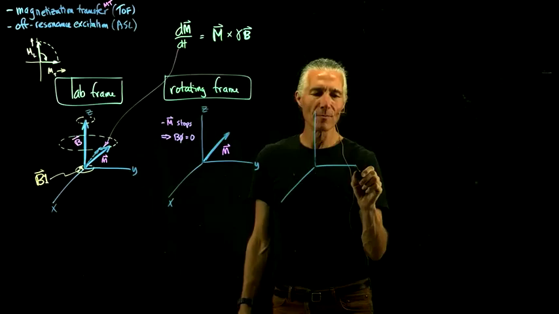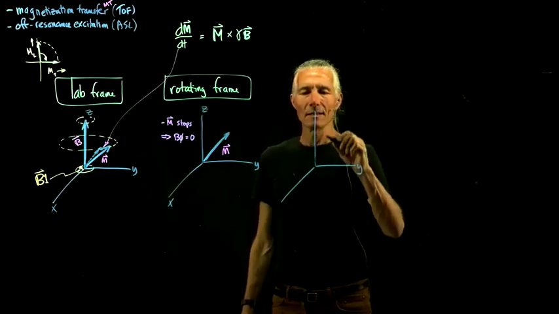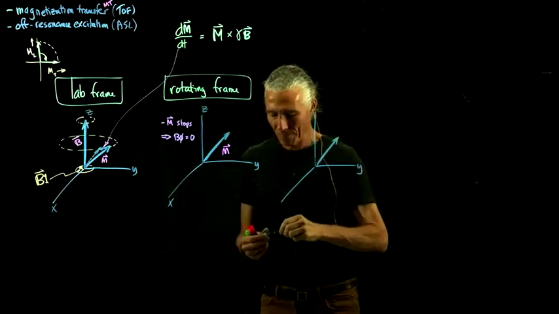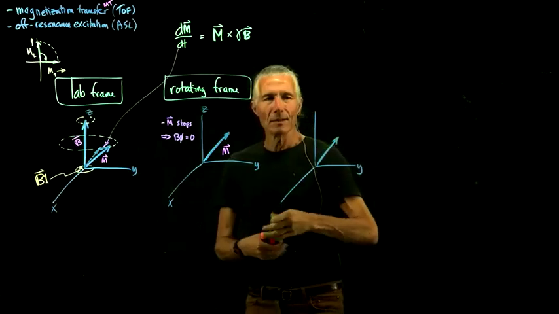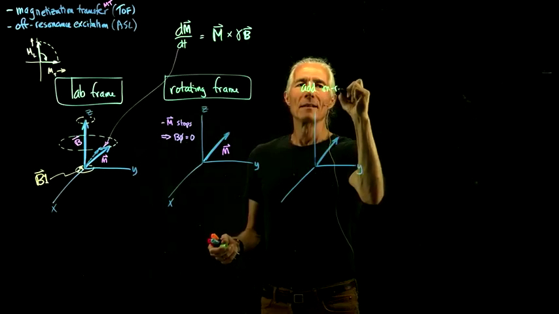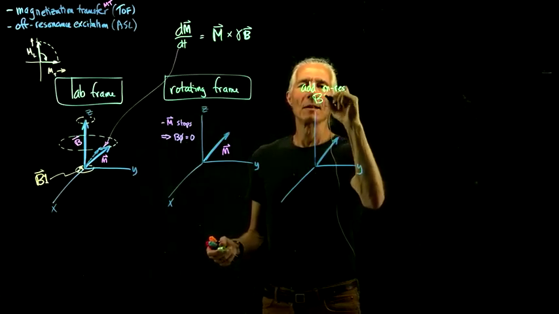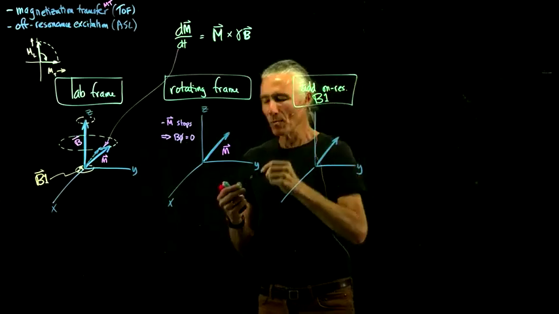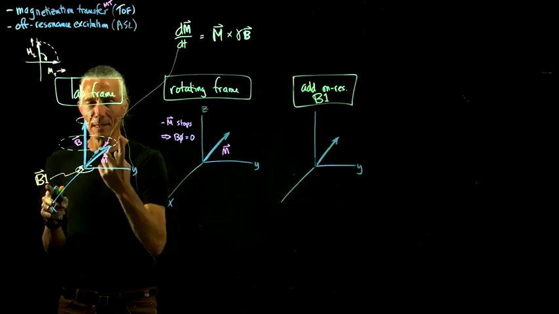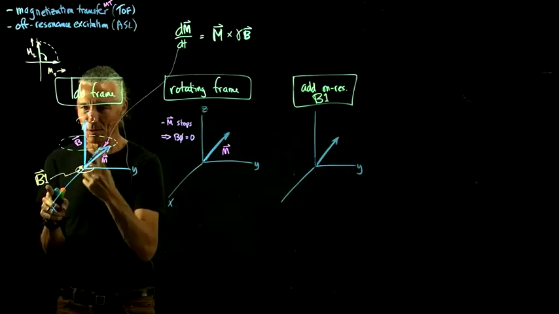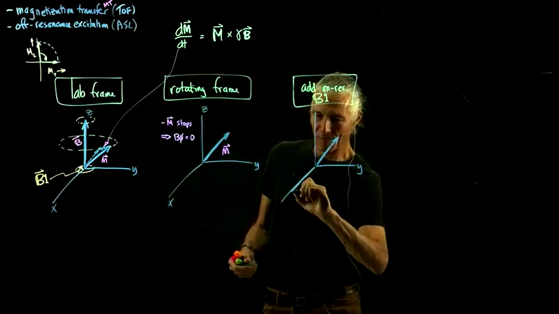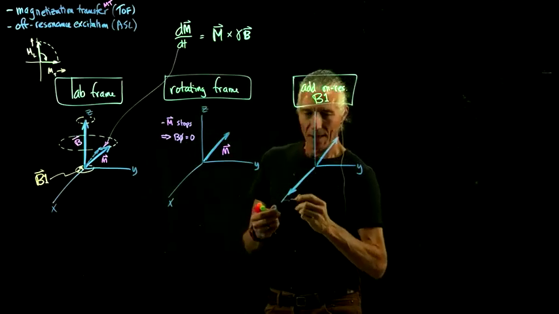So say we were on resonance. So here's our M. And what we can do is add on resonance B1. If we're doing the resonant frequency we're already going at, that B1 will have a particular phase, but let's just assume this particular phase.